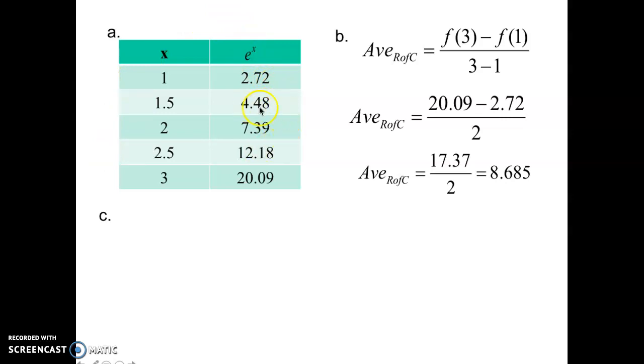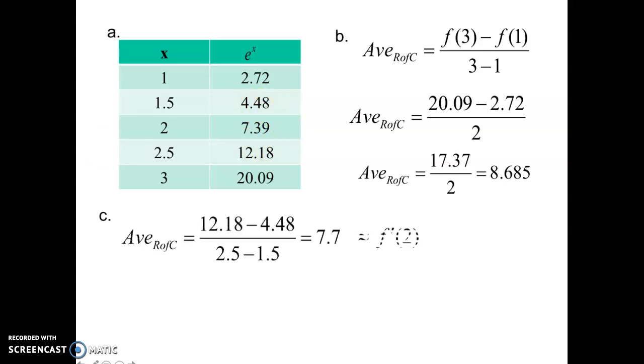What we usually do is go a little bit below 2 and a little bit above 2 to get a good estimate. A little bit above 2, the output is 12.18, and a little bit below 2 it is 4.48. Those inputs were at 2.5 and 1.5, which gave me about 7.7 as my good estimate for the derivative at x equals 2.